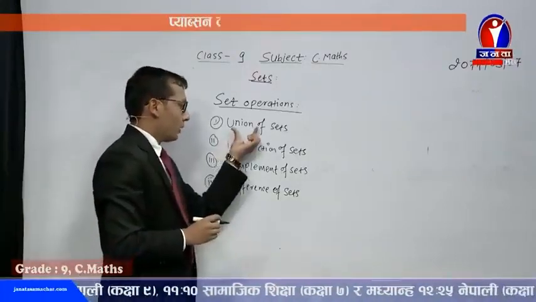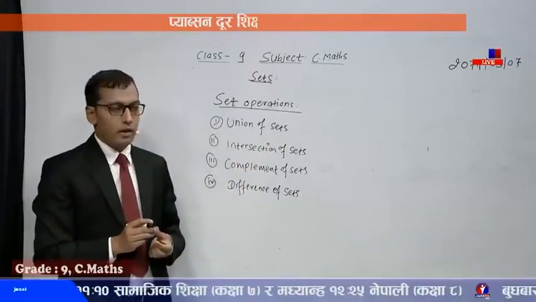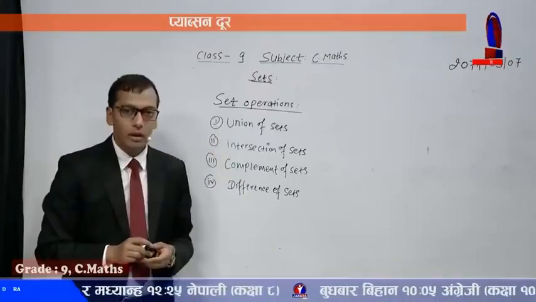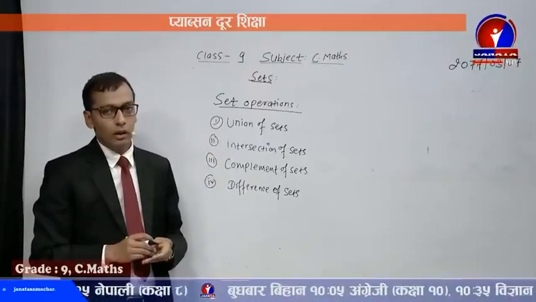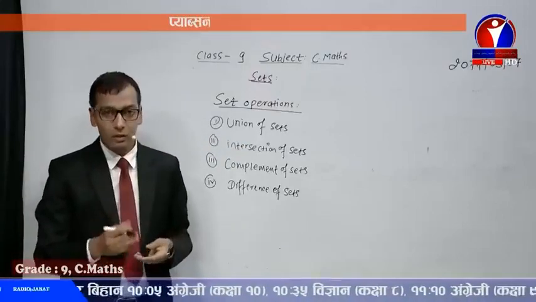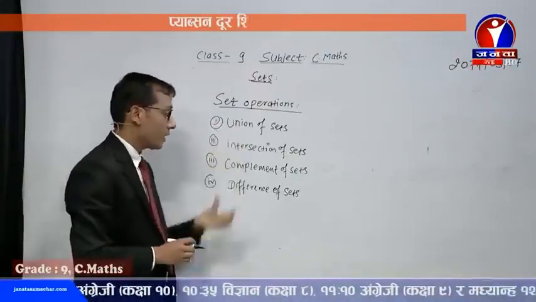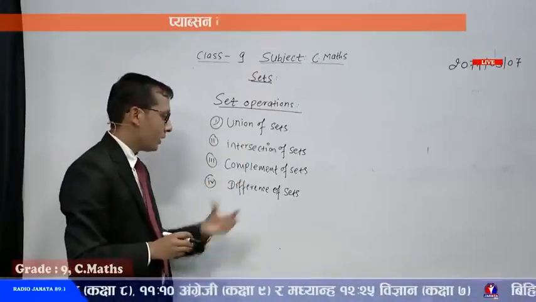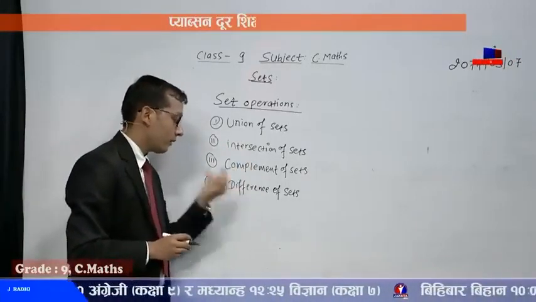To discuss these four different set operations, I am going to take some examples, and we will also learn from the Venn diagram. We will use two different ways to learn. One, I will take some sets and discuss what is union, what is intersection, what is complement, and what is difference.